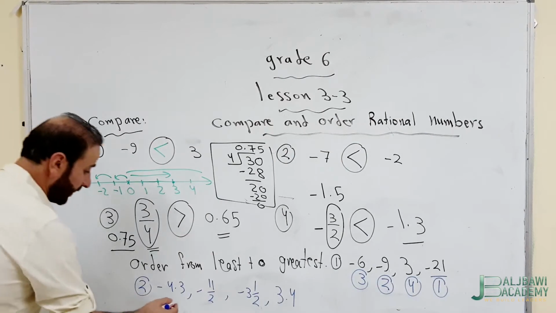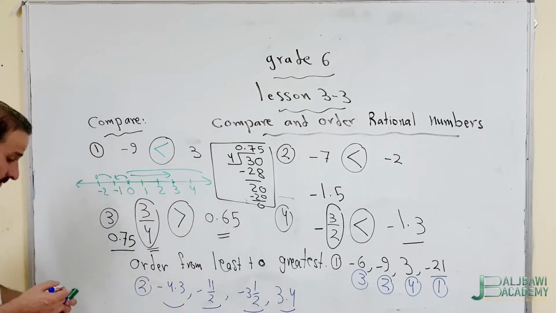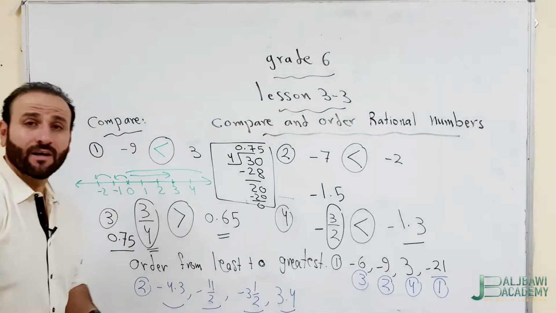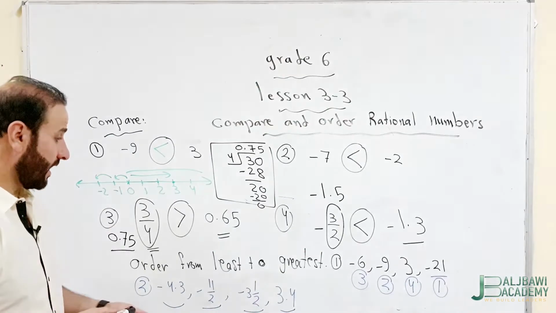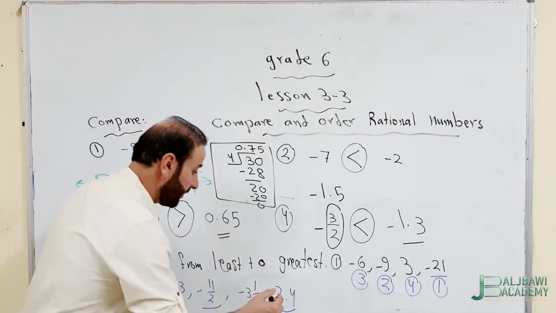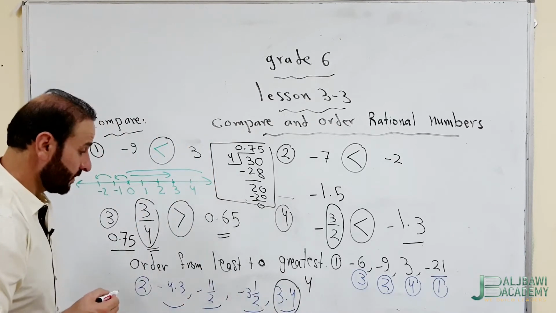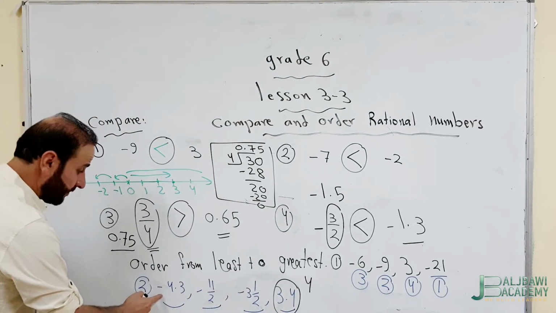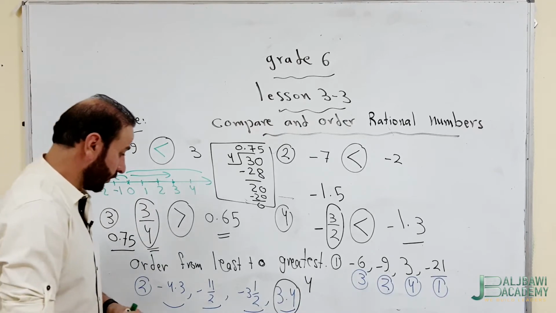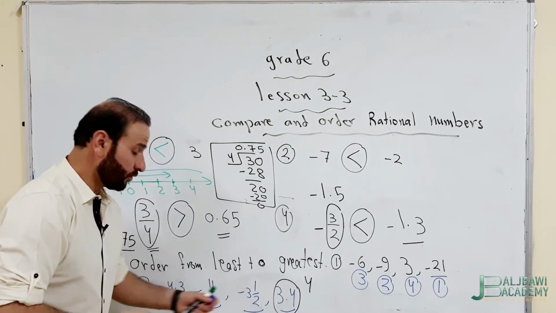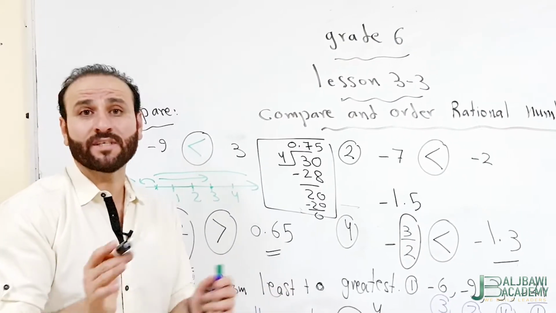Now this difficult example, I have 4 numbers. 3 of them are negatives, so I need to focus on them. And the fourth number is positive, so this will be the greatest. This will be number 4. Now I'm comparing negative 4.3, negative 11 over 2, negative 3 over 2. First step, I try to convert them all to decimals.